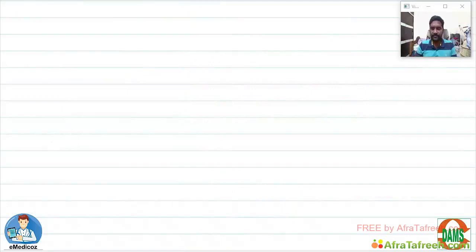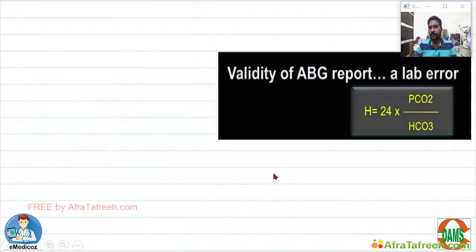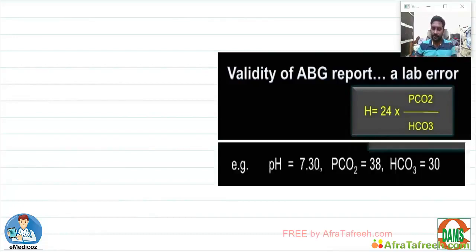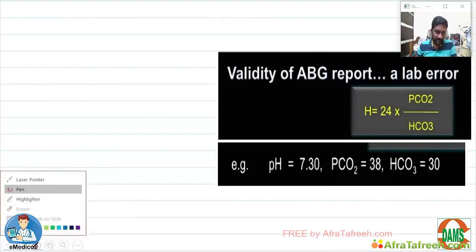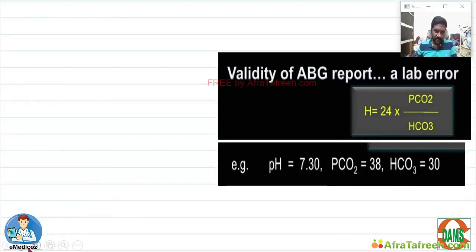Let us discuss extra edge in acid-base balance. First topic, validity of the ABG report. Is there a lab error? Is there a machine error that you should know? Sometimes you can find ABGs like this, which are inconsistent and where clinical correlation may not be seen.